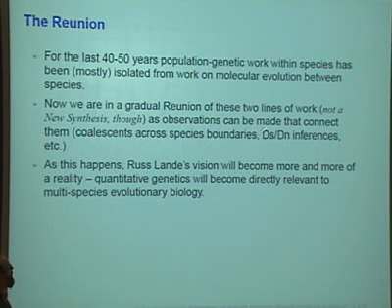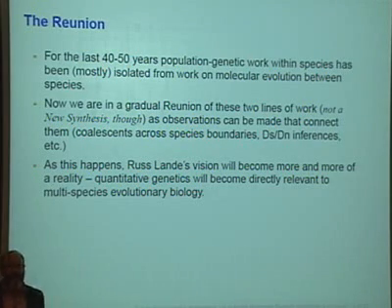There also are the dN/dS, the non-synonymous to synonymous ratio inferences that are going on between species, which certainly connect to within-species population genetics. So there's some real connections now.